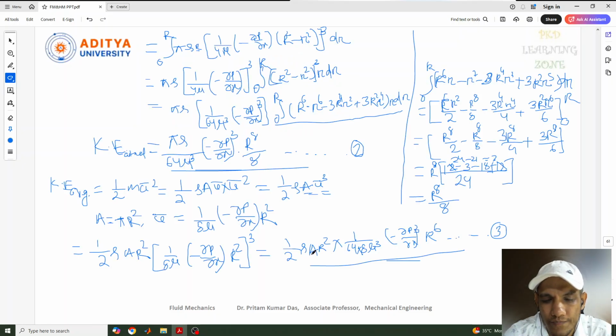You can also solve this one further: this is A r square that I have written, and you can write the value A as pi r square. This is pi. So this 2 into 64 is 128.